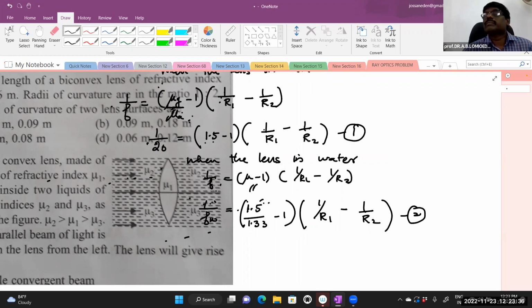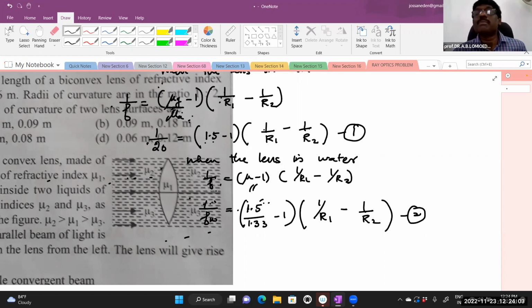Now, students can do this one. Divide equation 2 by 1. You can find out the change in focal length. All of you listen here. When you divide equation 2 by 1, the right hand side portion, 1 by R1 minus 1 by R2, gets cancelled.